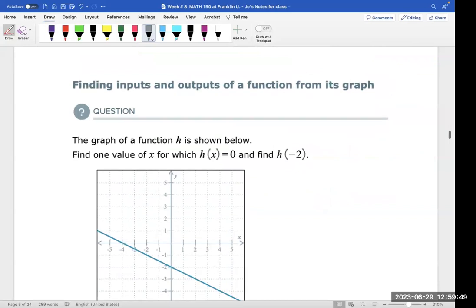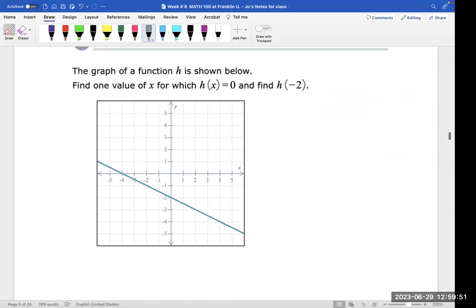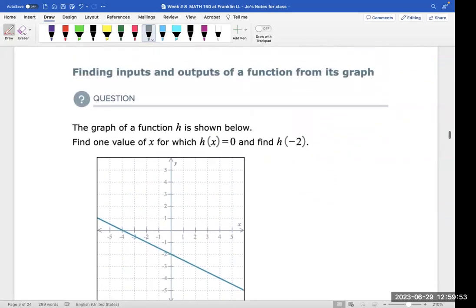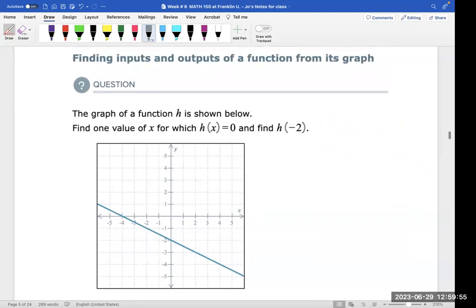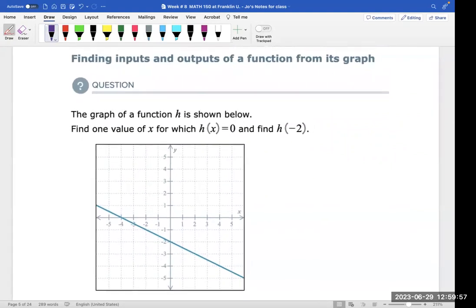All right, moving right along. Here's the graph of the function. Finding inputs and outputs. The X values are your inputs. The Y values are your outputs. If H of X equals 0, then the 0 is your output.